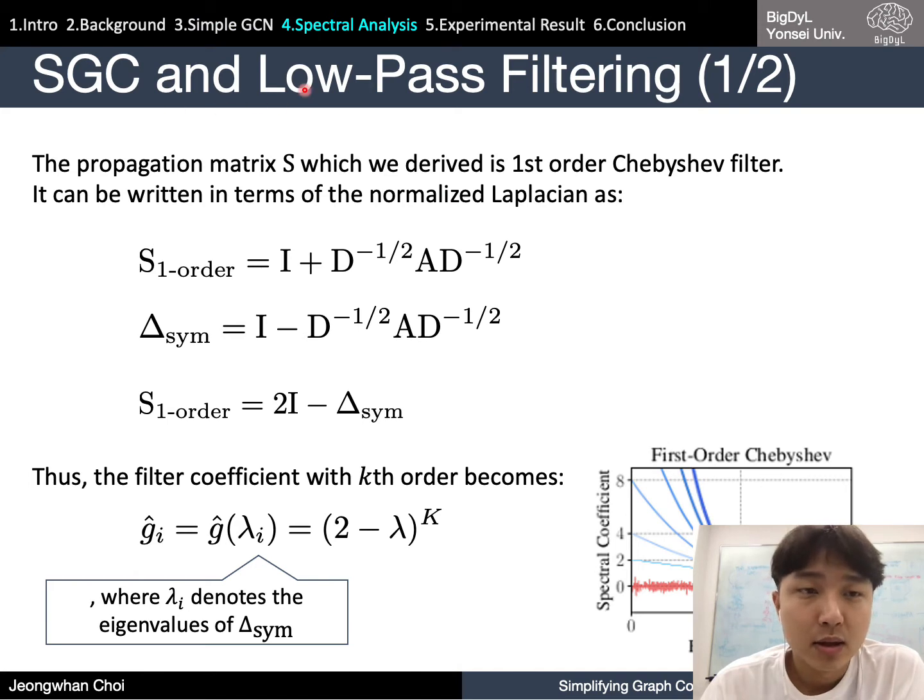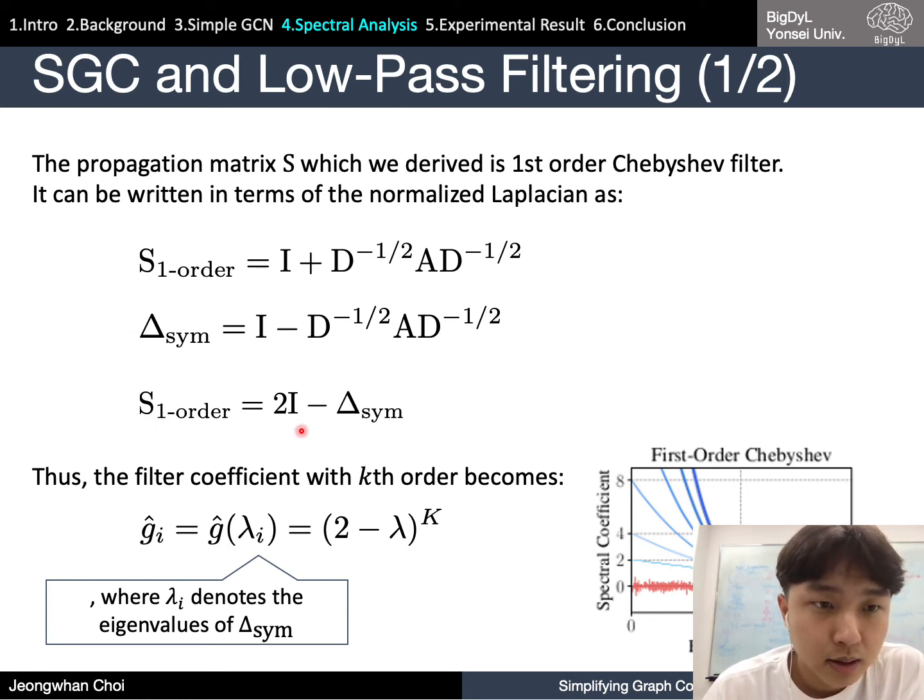This section is the spectral analysis. The first order Chebyshev filter derived in GCNs corresponds to the propagation matrix, this large S. And since the normalized Laplacian is here, this equation is changed to this equation like this.